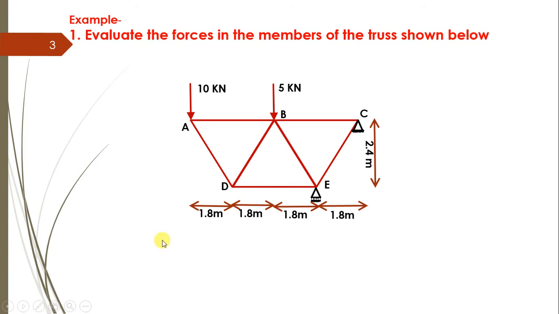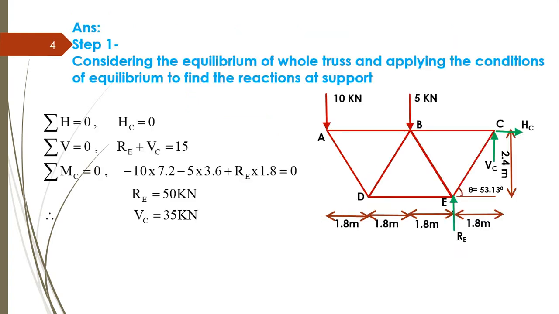So for analyzing this truss, that is, determination of forces in all the members, first of all we have to draw the free body diagram of the whole truss and apply the conditions of equilibrium to find the reactions at the supports. At joint C, as there is a hinge, there are two unknown reactions, that is, horizontal HC and vertical reaction VC.